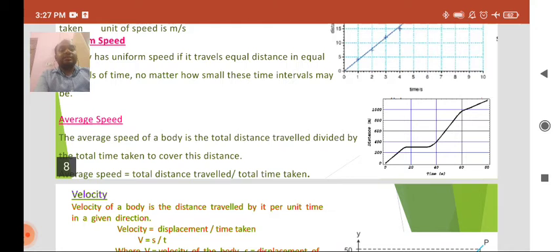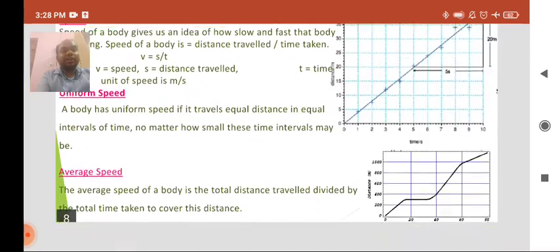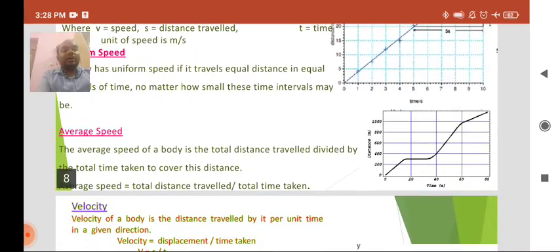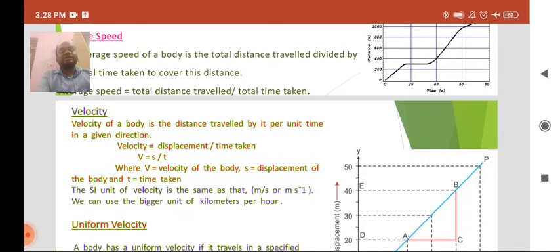In this graph, the distance, displacement and time, the graph represents non-uniform motion. So we talk about the next step, velocity. Velocity is a very important parameter of physical quantity.